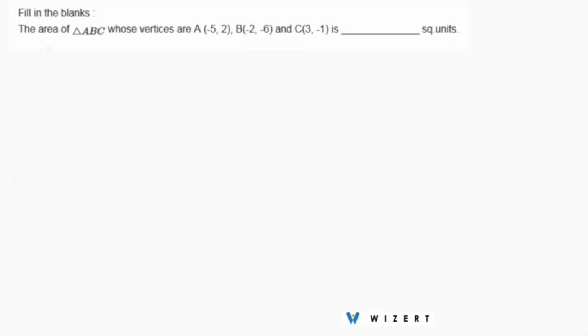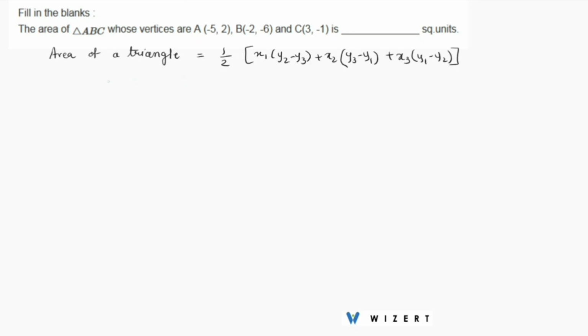So let's see. We know that the area of a triangle can be calculated by using the following formula: half into x1 multiplied by (y2 minus y3) plus x2 multiplied by (y3 minus y1) plus x3 multiplied by (y1 minus y2), where the coordinates of vertices are A (x1, y1), B (x2, y2) and C (x3, y3).